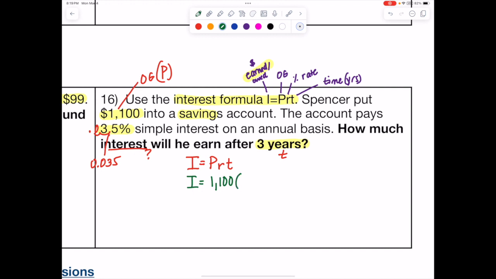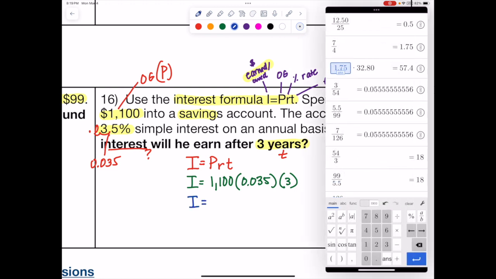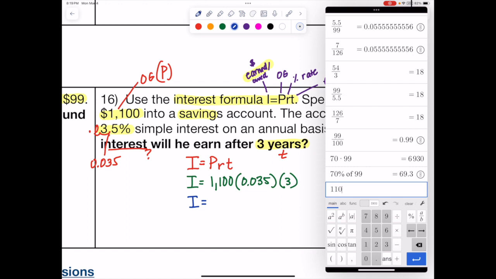My rate, which I'm putting in parentheses, is 0.035, and the time is 3 years. Now all I have to do is plug this into the calculator and I will get how much interest we've made. I have 1,100 times 0.035 times 3, and because of order of operations, I can just type it all in there.